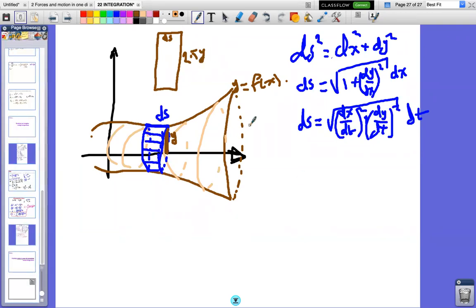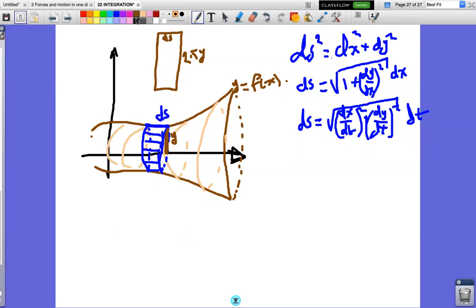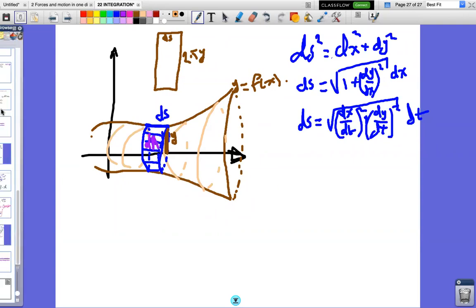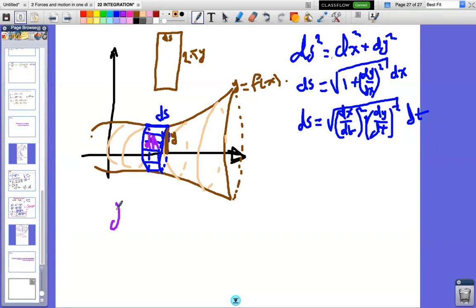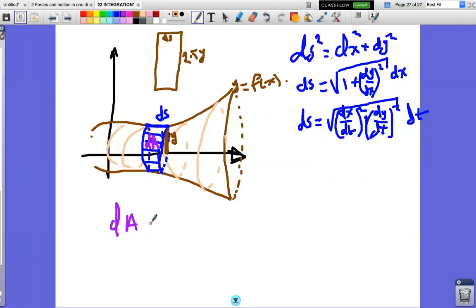So the small area dA will be 2 pi y ds, right?